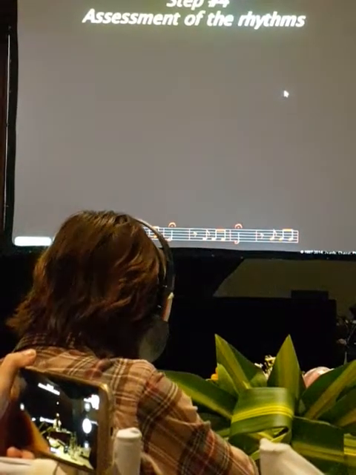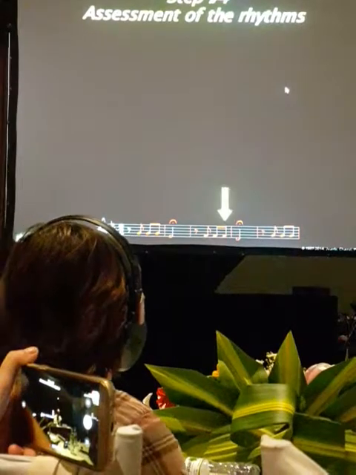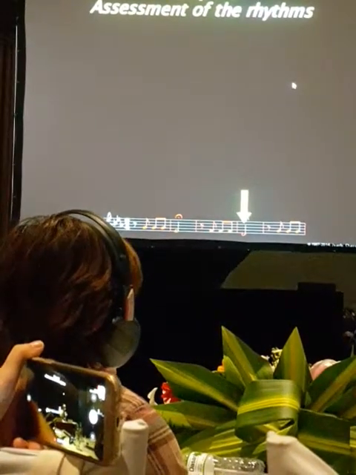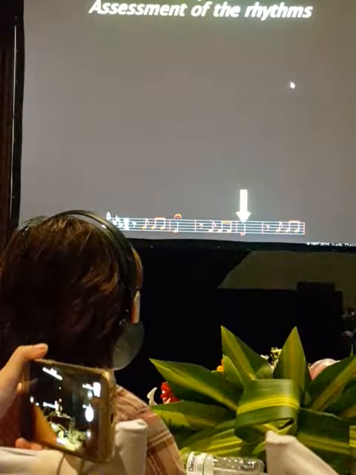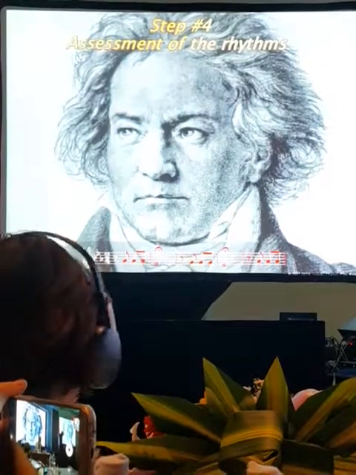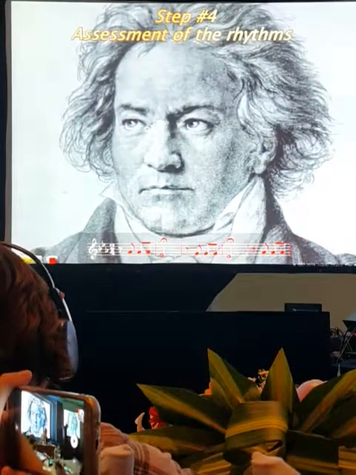No one reads music here. I don't read music either, right? You can see that you have three at the same level, and then one goes down. And then you have three at the same level, and then one goes down. This is the Fate motif, Fifth Symphony of Beethoven.